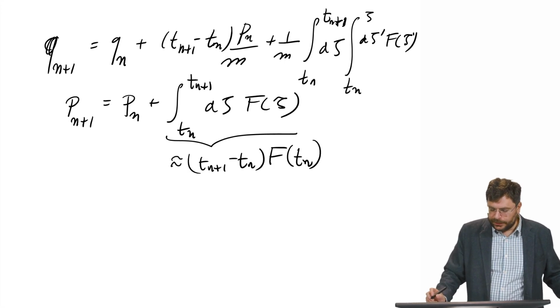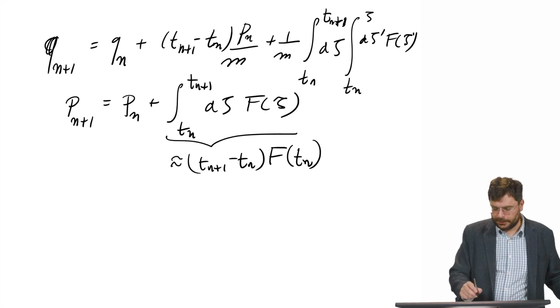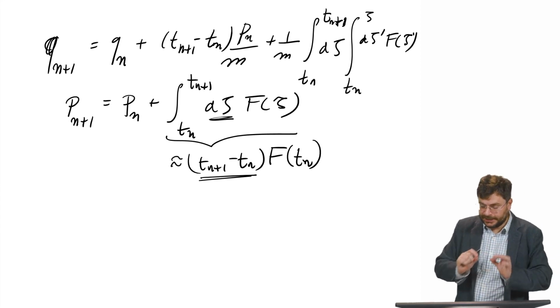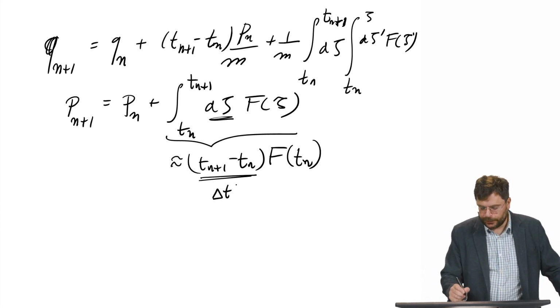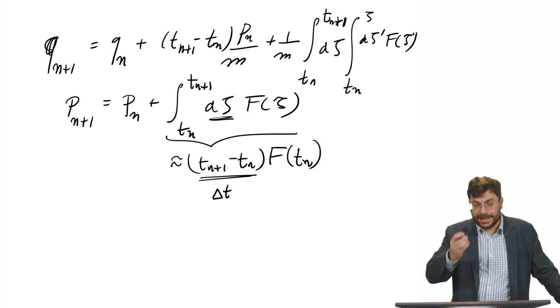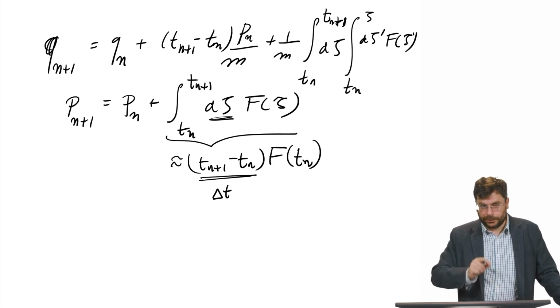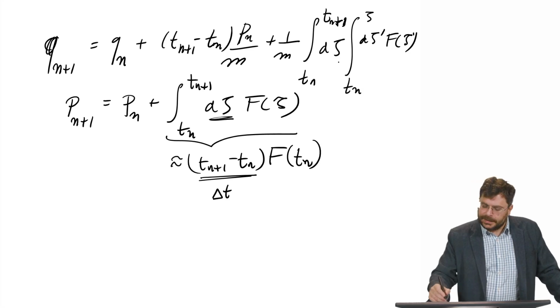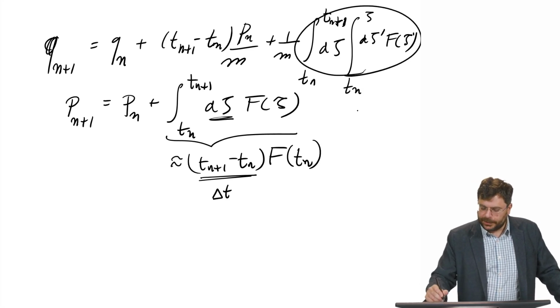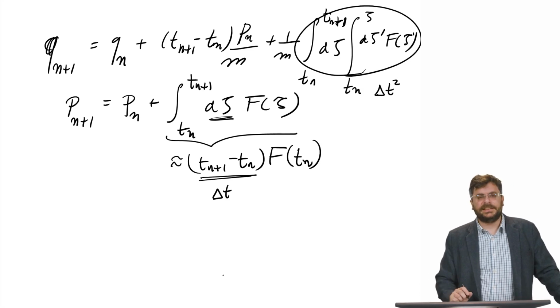And finally, we will assume that this first term here scales as delta t, the change in time between Tn plus 1 and Tn, and maybe that delta t is small, so I'm integrating my equation of motion over very small time intervals. Then what I find is that this term is actually delta t squared.